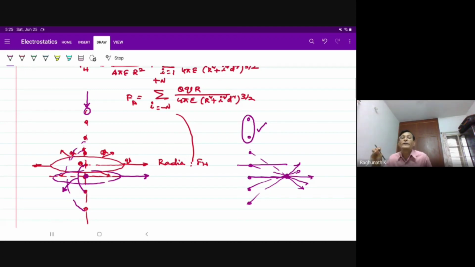Very, very important thing is that the net force on this circle is not radial, right? It has a radial component also. It has a vertical component along with the radial component.